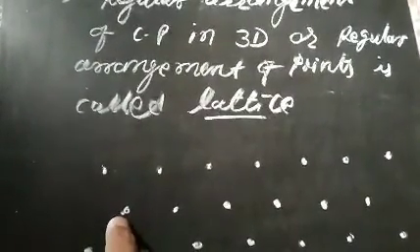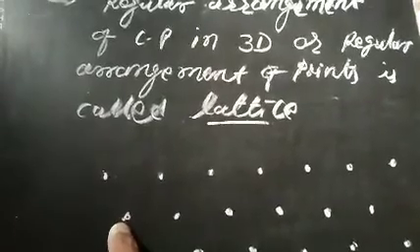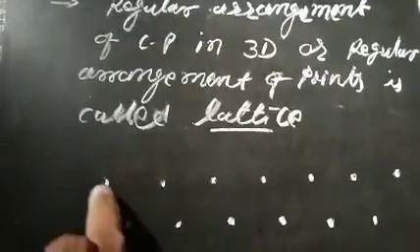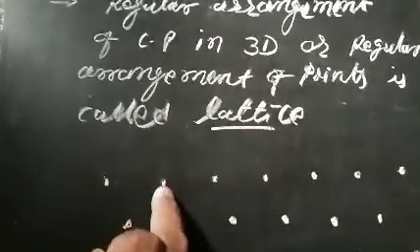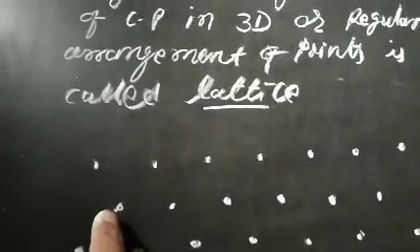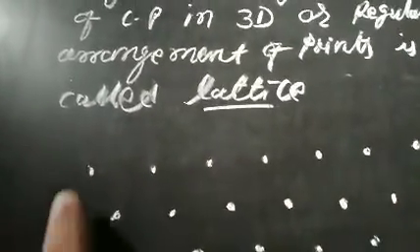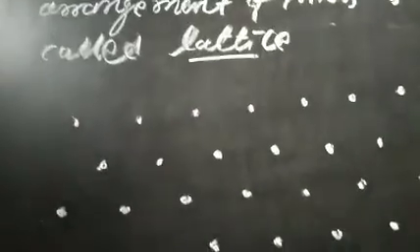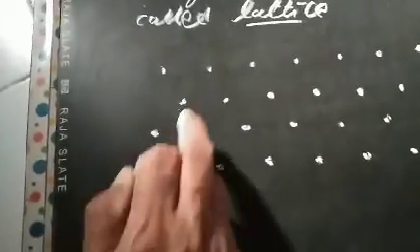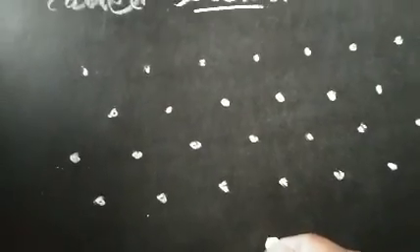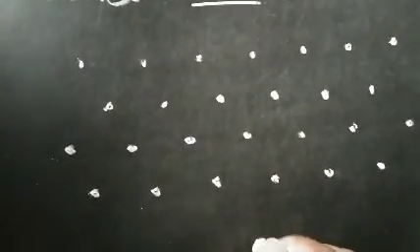In the second row, the first center point of atom I arrange between these first two. As before, I arrange first, second, third, fourth, fifth, sixth. Then the third row I arrange like the first row, and the fourth row I arrange like the second row. So this regular arrangement of points forms a lattice.